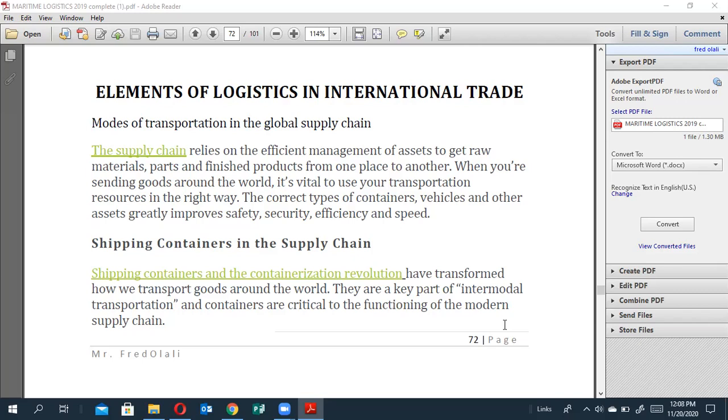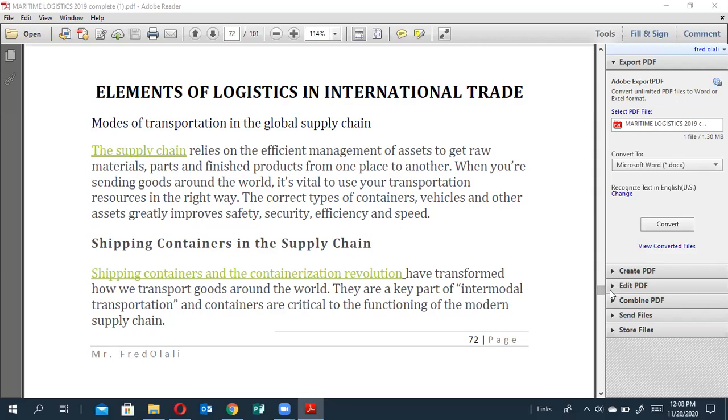Shipping containers and the containerization revolution have transformed how we transport goods around the world. They are key parts of intermodal transportation, and the containers are very critical to the functions of the modern supply chain.